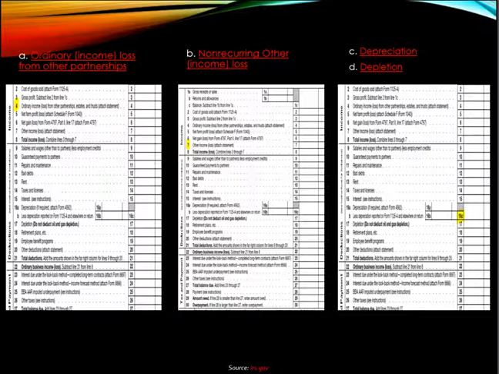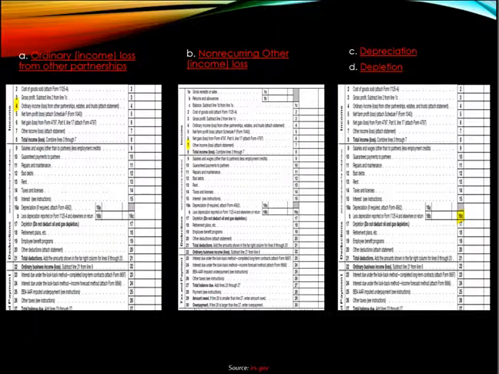If you look at the first page of the 1065, you will see each of these lines documented. So this page is the 1065 from the 1065 partnership return.